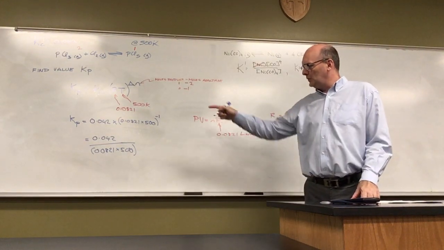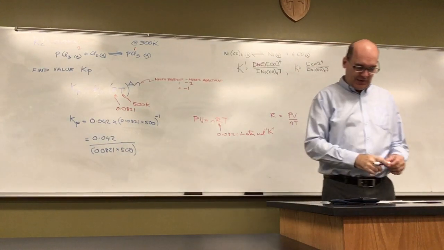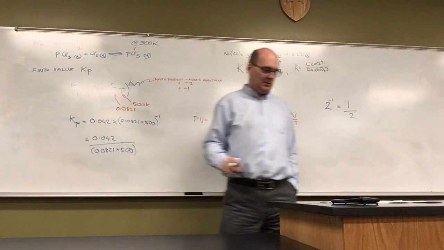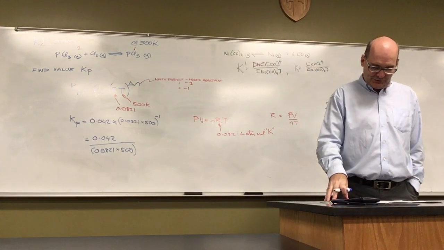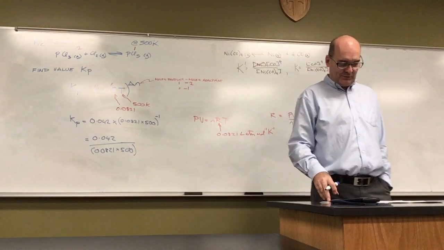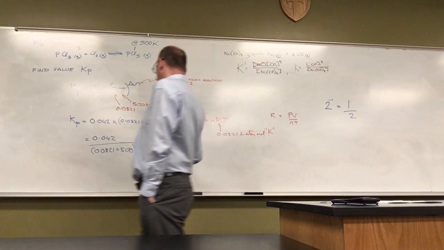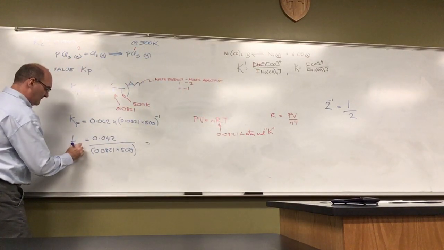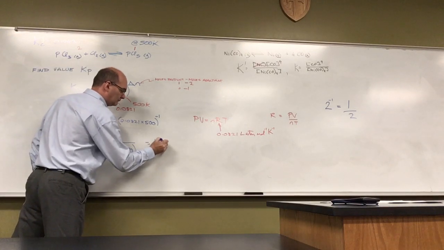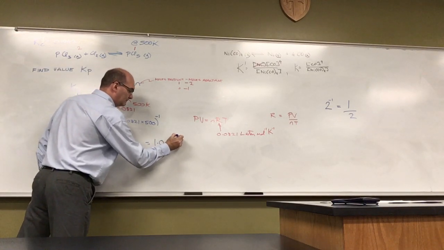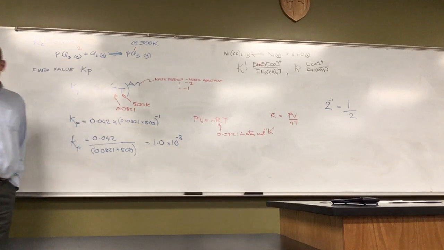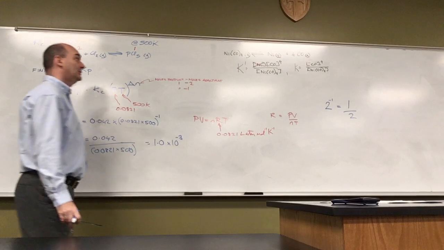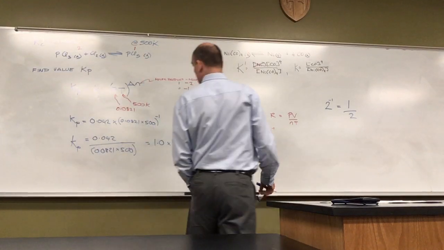So 0.042 divided by 500 times 0.0821. Most of those numbers are going to cancel to give me almost unity. It should be about 0.001.